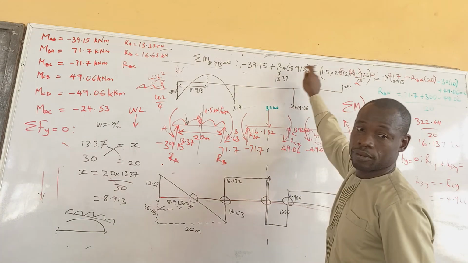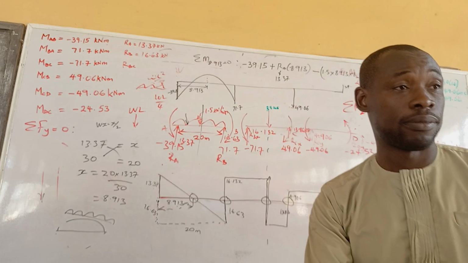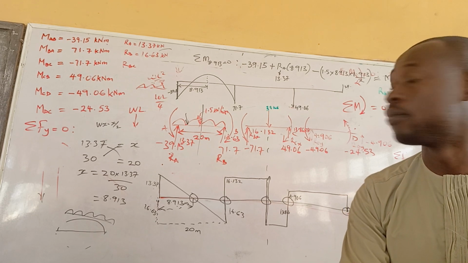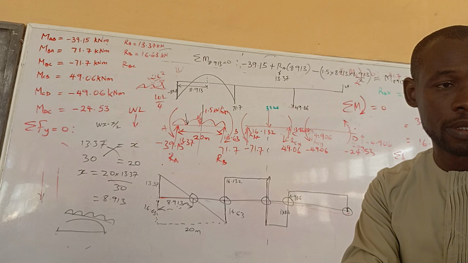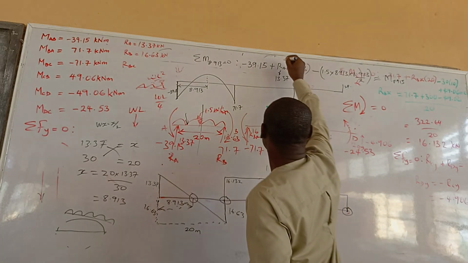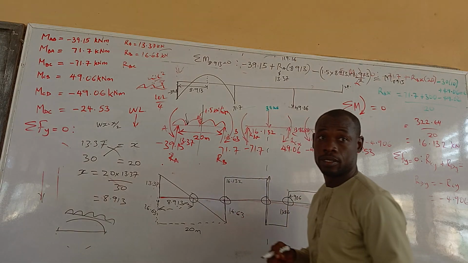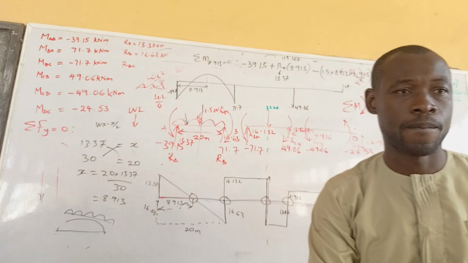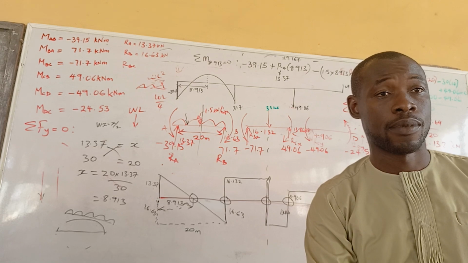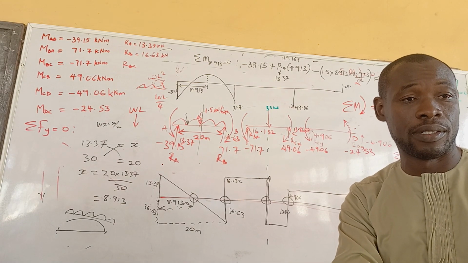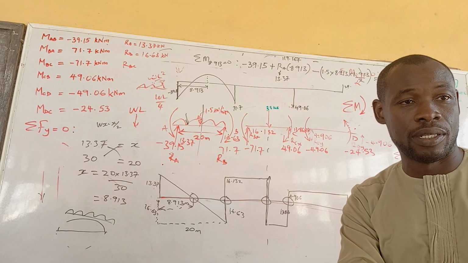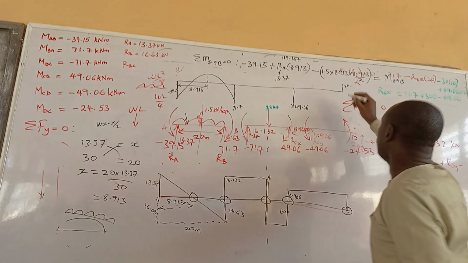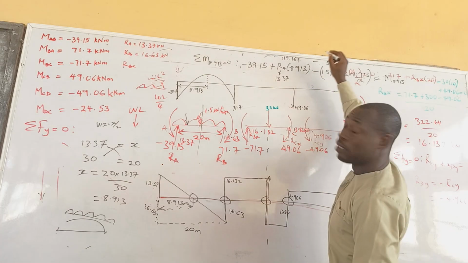This time, R A is 30.37 times 8.913, which is 119.167. Then the UDL term is 1.5 times 8.913 times 8.913 over 2, which is 59.581.